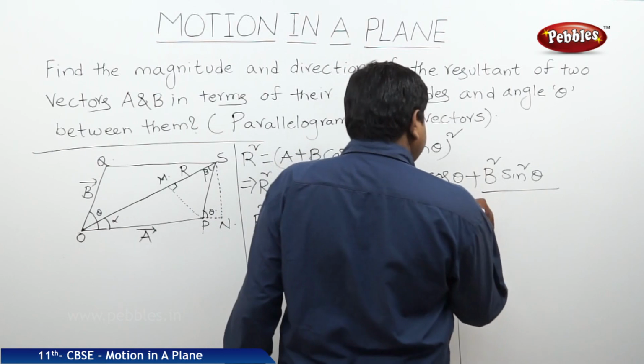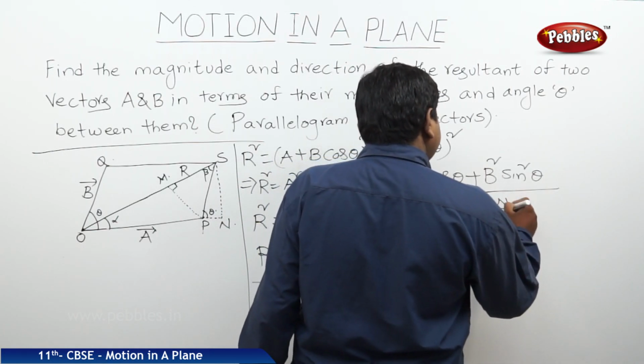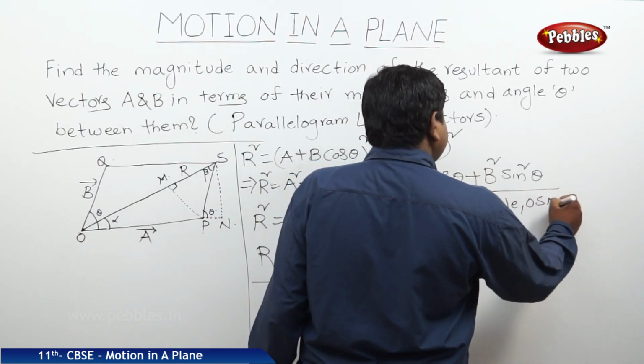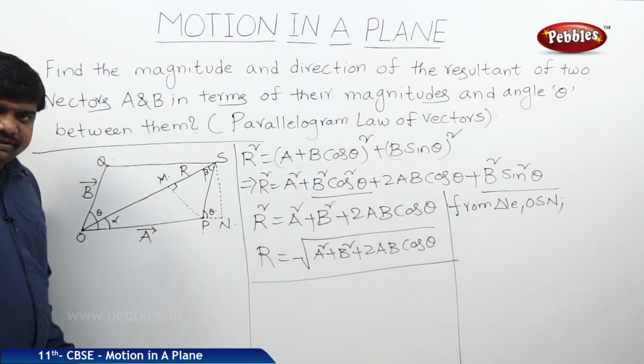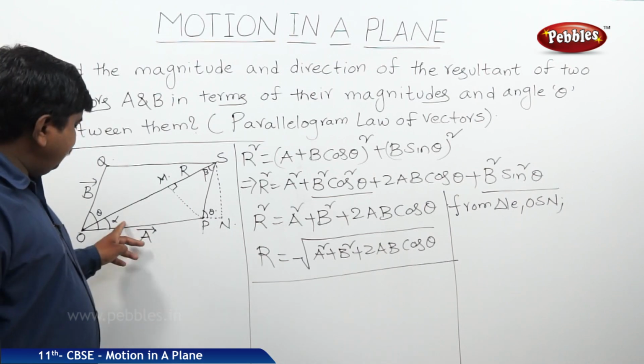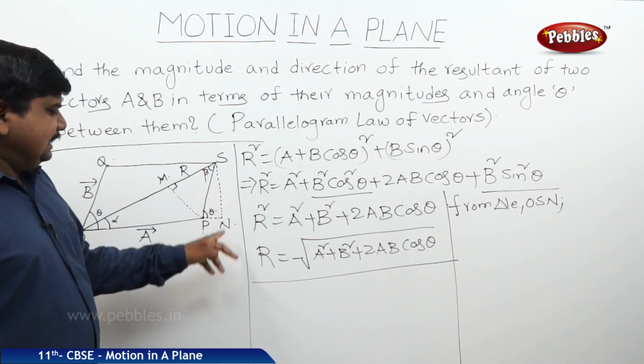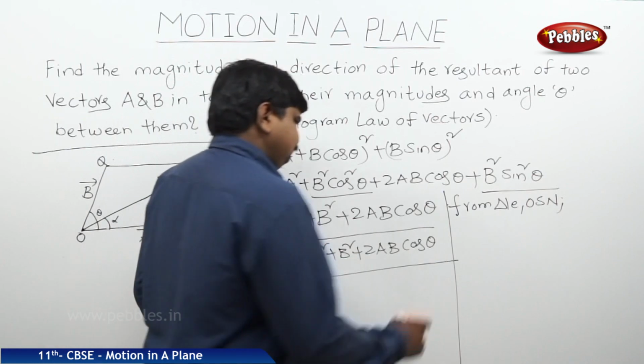So from triangle OSN, tan alpha is equal to, or sin alpha is equal to SN by OS.